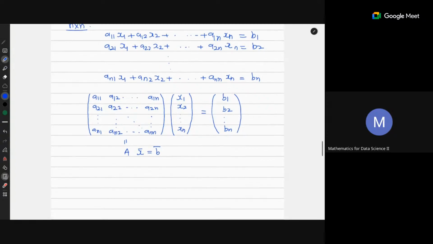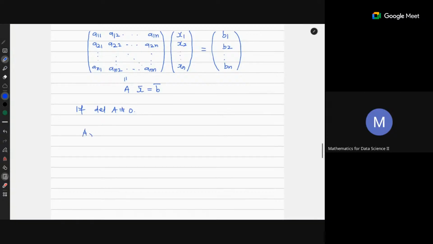Understand? So again, if the determinant of A is non-zero, I define AXi to be the matrix obtained from A after replacing the ith column by this vector b.